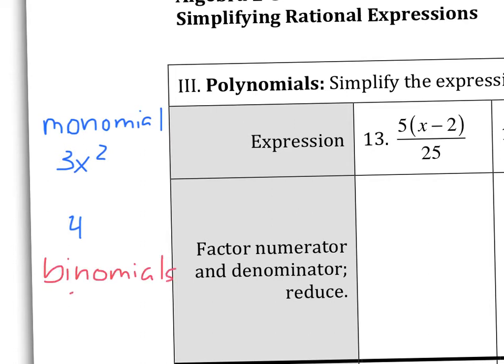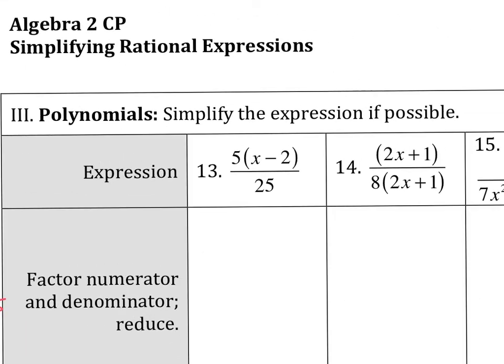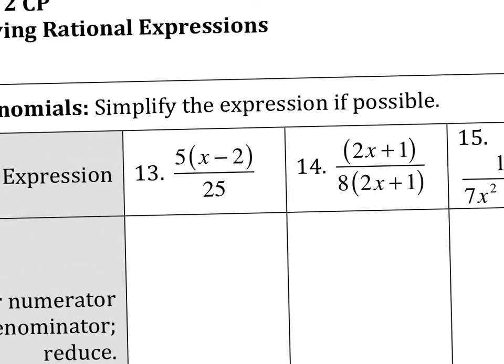And a binomial, of course, usually is in parentheses, like x minus 2, etc. The act of simplifying fractions applies to any type of expression: monomials, trinomials, binomials, as long as every element is exactly the same.